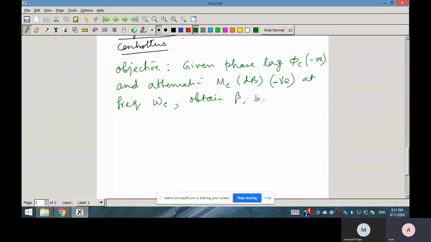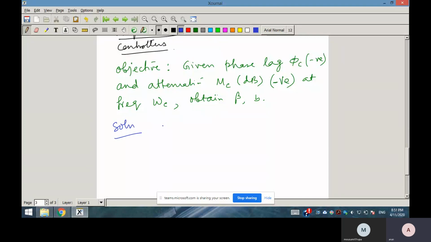So now what is the solution? Now you will see that all the things are the same as the lead controller. The only difference is beta is less than 1. The same final quadratic equation you will get, where alpha will be replaced by beta, and MC is negative and phi c is negative.